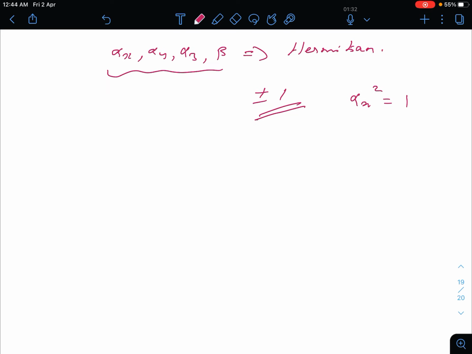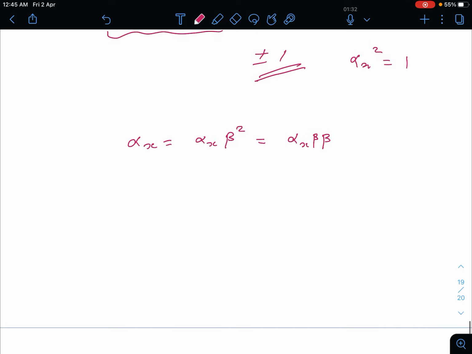I can write αx equals αx into β², no problem, because β² is equal to 1. Now I can write αx equals αx β² equals αx β β. That's also possible.